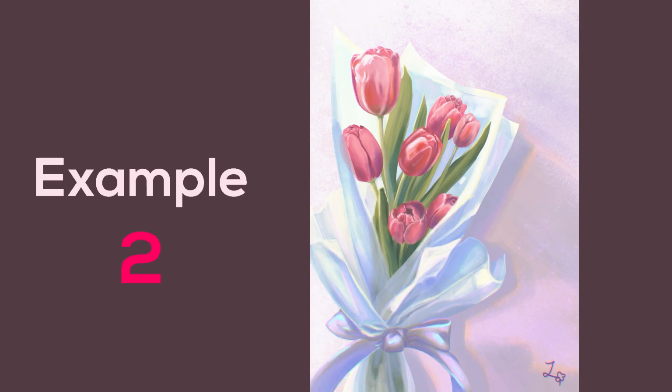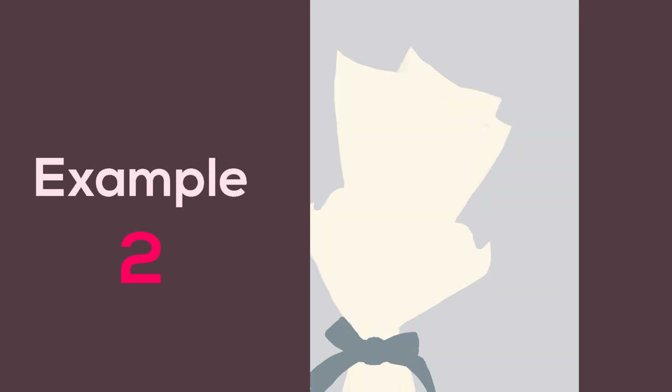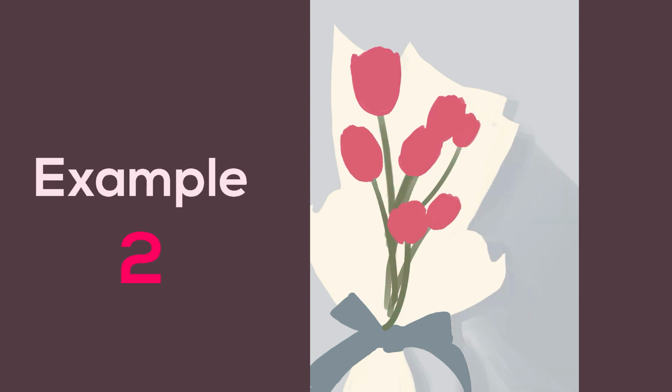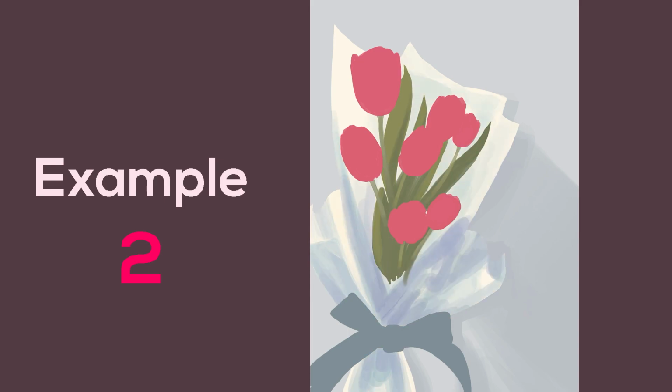Example 2. A bunch of tulips. It has similar steps as previous ones. Step 1. Big shapes in different layers. Step 2. Paint all the elements from big to small.